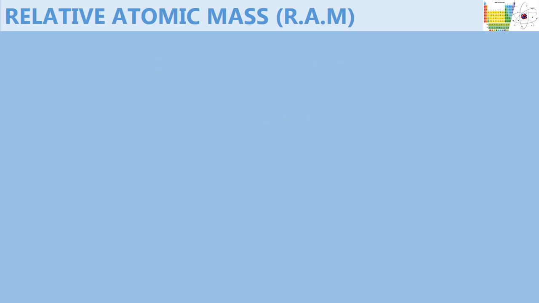However, this reference was not very convenient because in the 20th century, the hydrogen scale was criticized because of the existence of isotopes of hydrogen. Do you remember the isotopes of hydrogen?